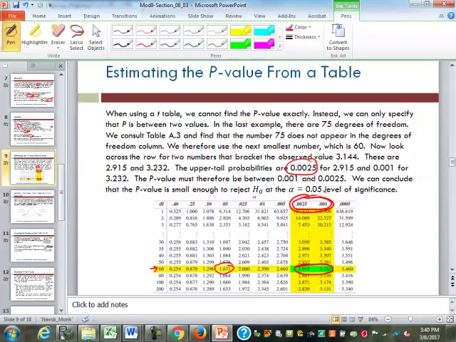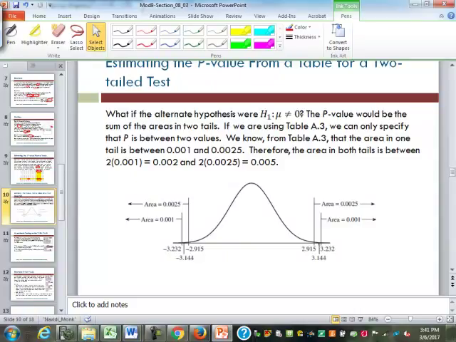So that's why having the calculator or Excel is very helpful for the p-value method. This is estimating the p-value from a table. The nearest degrees of freedom to 75, closest without going over, was 60. We found those two critical values, then got the probability for each of them. We know we're between those two probabilities.